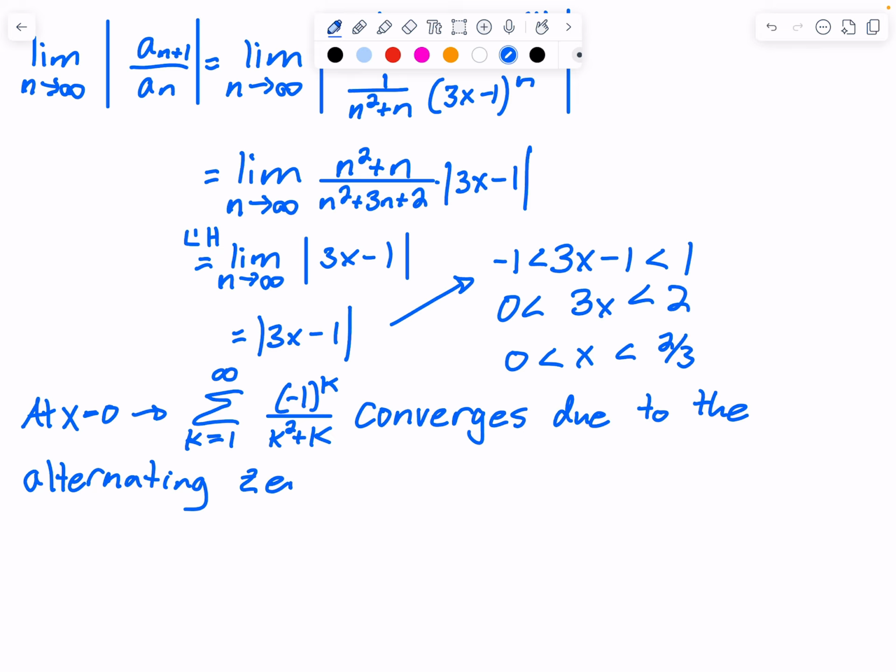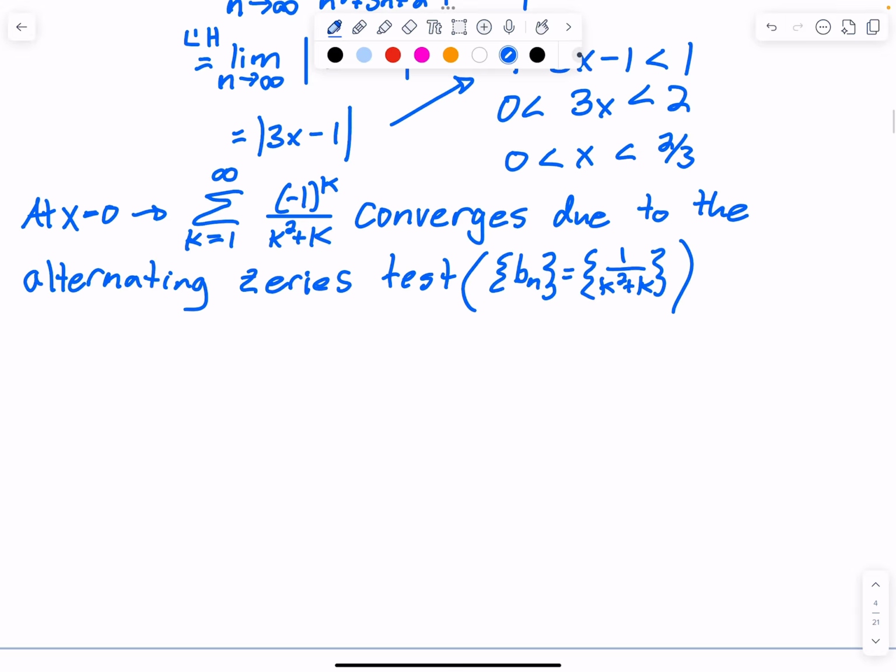My bad. I can see that b sub n, if you want to write some reasoning down here, b sub n is equal to 1 over k squared plus k. Well, that converges, right? That goes to 0 eventually, and also the sequence decreases. So at x equals 0, it does converge.